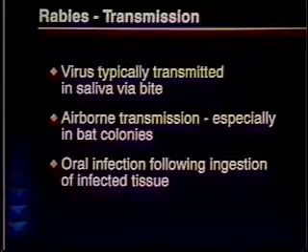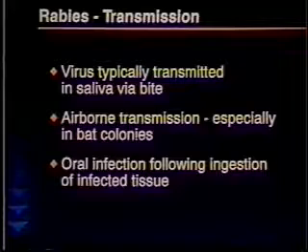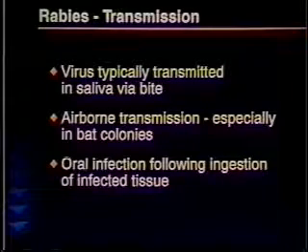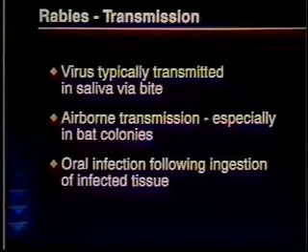The bite of an infected animal, with the virus being present in the saliva, being introduced in the wound, multiplying in the area, and migrating through the nerve canals, the nerve sheaths, toward the brain.